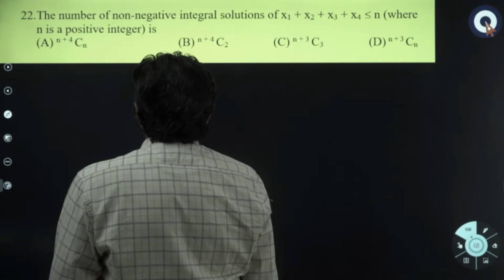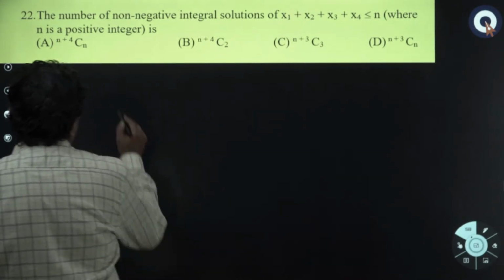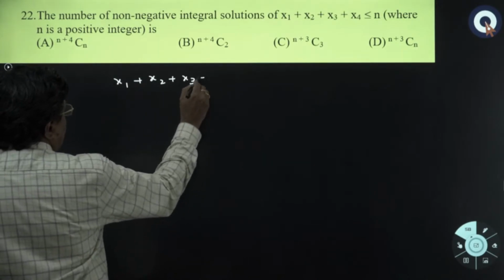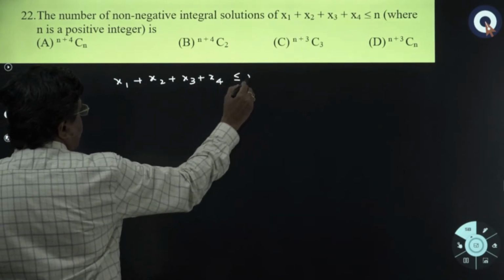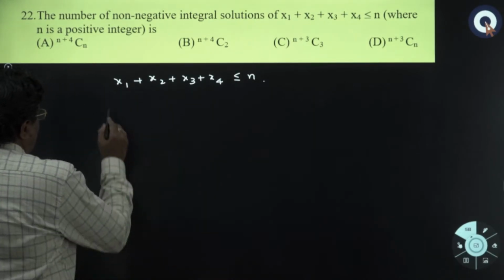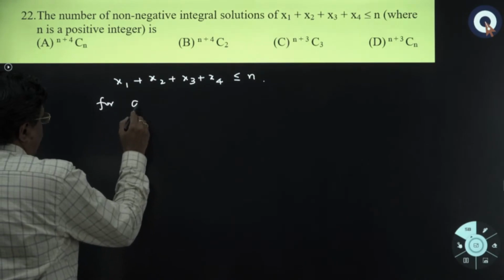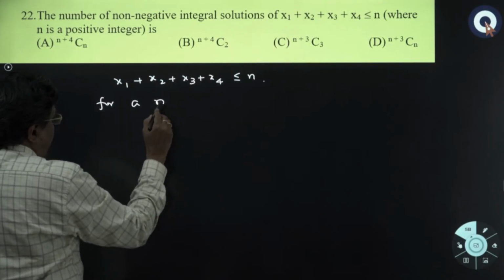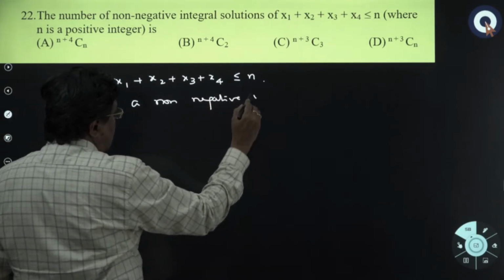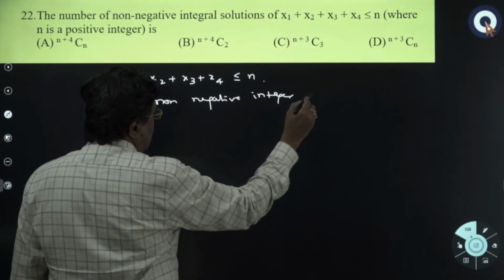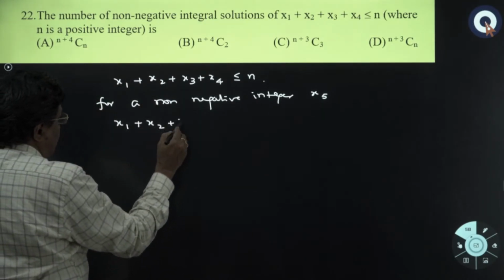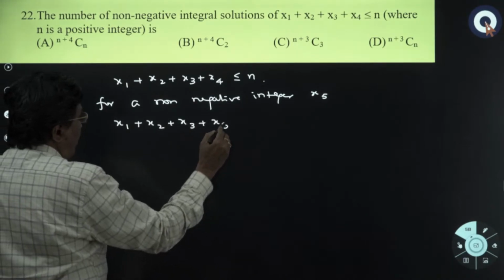The number of non-negative integral solutions of x1 plus x2 plus x3 plus x4 less than or equal to n, where n is a positive integer. So for a non-negative integer x5, we should have x1 plus x2 plus x3 plus x4 plus x5 is equal to n.